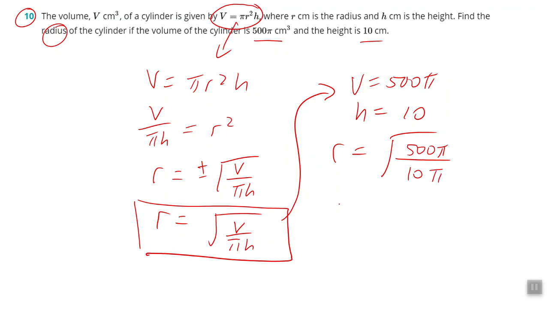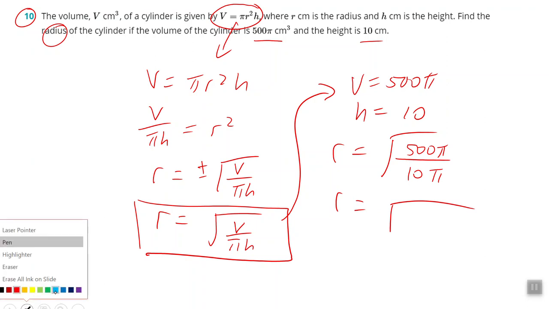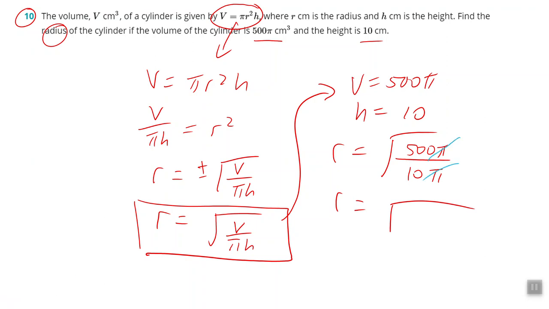Now when you simplify this, you can actually cancel the pi's. Okay, cancel. 500 divided by 10 gives you 50 divided by 1, which is 50. I'll just put a 50 here.